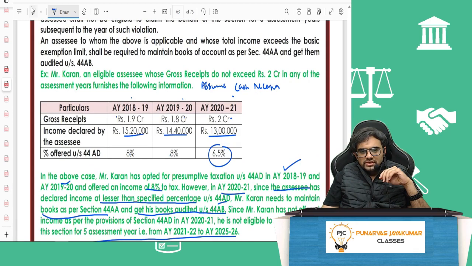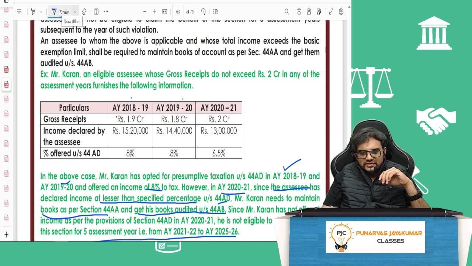So, for example, Mr. Karan here, assume that these are cash receipts. That's why I'm taking 8%. If he is earning gross receipts of 1.9 crore and income declared is 15,20,000, what is the amount offered under 44AD? 8%.